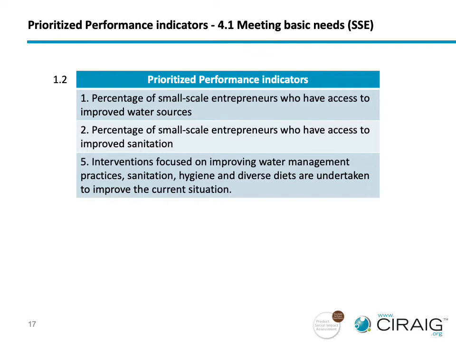Here, in doing so, we must keep in mind the availability of data. For the case, we mainly focused on performance indicator number 1, percentage of small-scale entrepreneurs who have access to improved water sources, because generic data was available in international databases.